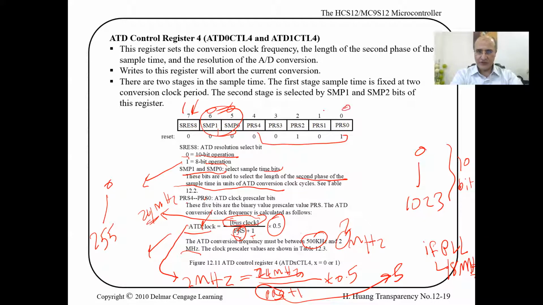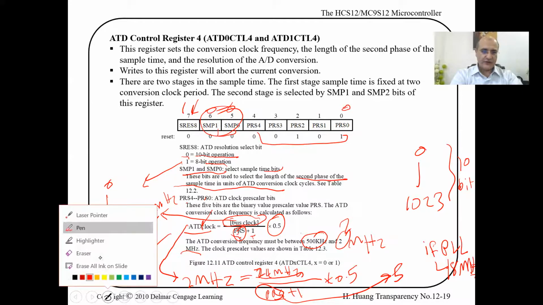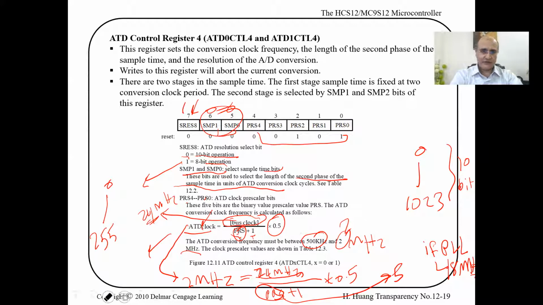Sorry, erase this one. 5 will be 1 0 1 0 0, right? So A to D 0 control register 4 would be what? 1 0 0 0.